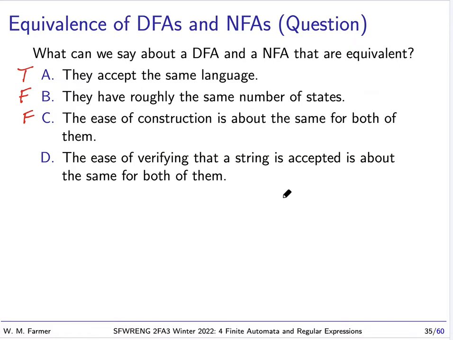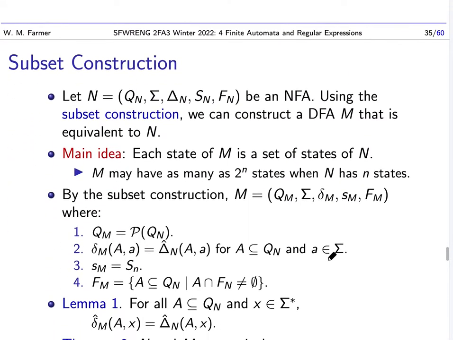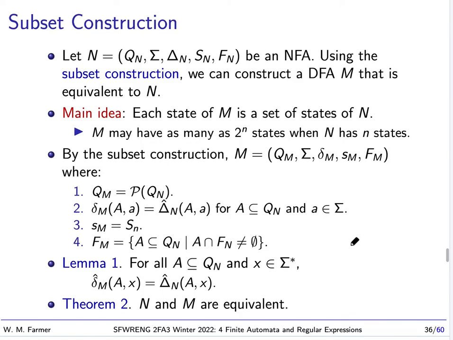So it's a more complicated process to verify if a string is accepted. So this is false. Okay, so now we're ready to look at the subset construction. I'll remind you the purpose of this construction is we have an NFA, and we want to construct from that NFA a DFA that is equivalent.